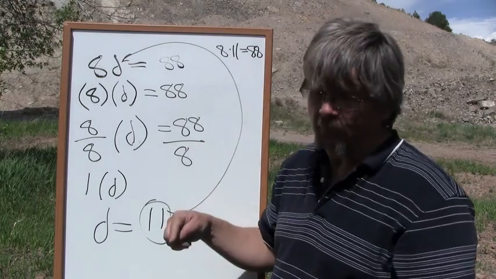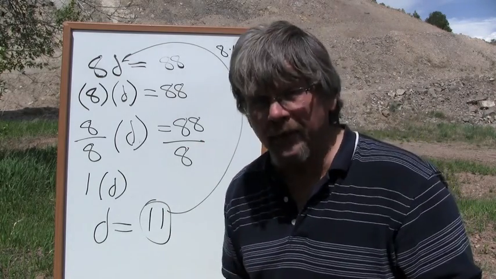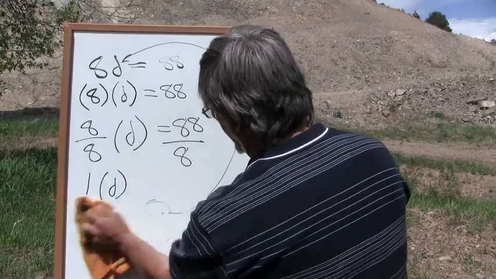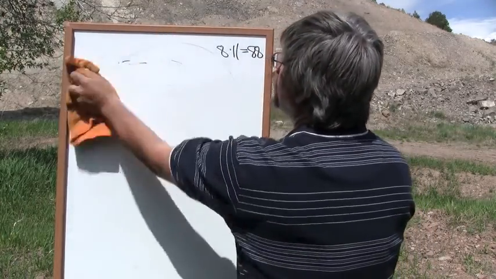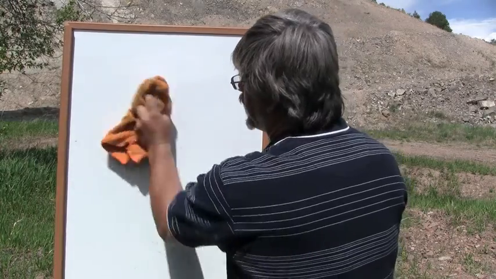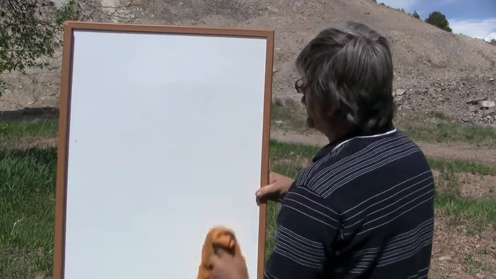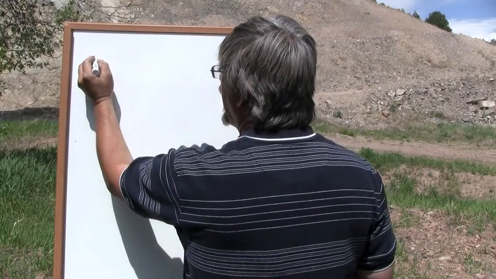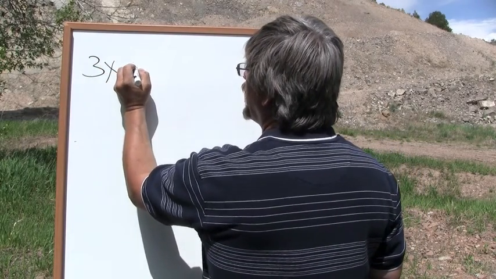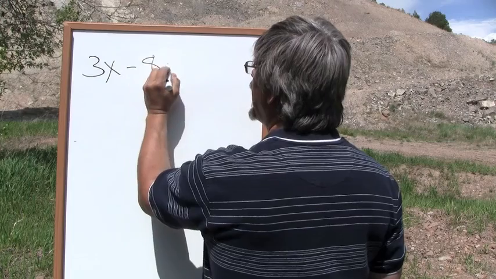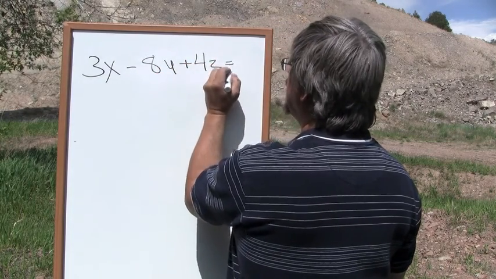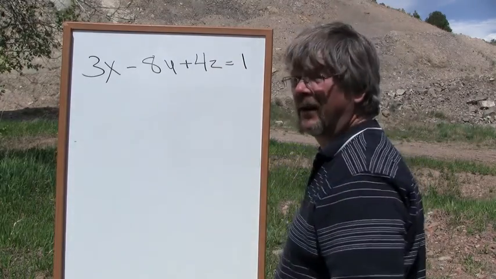When we get into more complex variables and equations, just to give you a preview of what I hope I can get to in these math videos down the road, this will be some time, you'll have stuff like this: 3x minus 8y plus 4z equals 1.